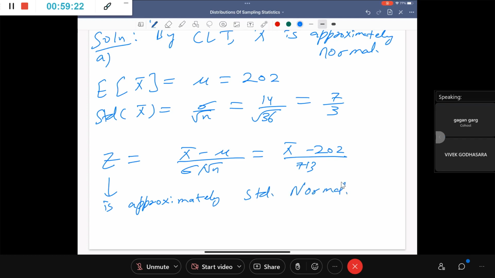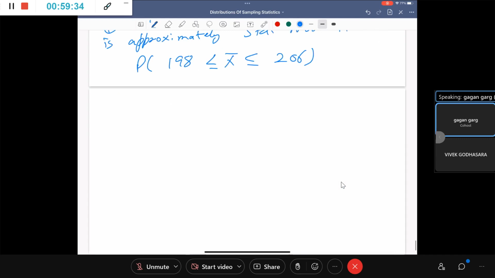Okay. So what do we need to find? Probability of x bar lying in this range, 198 and 206.